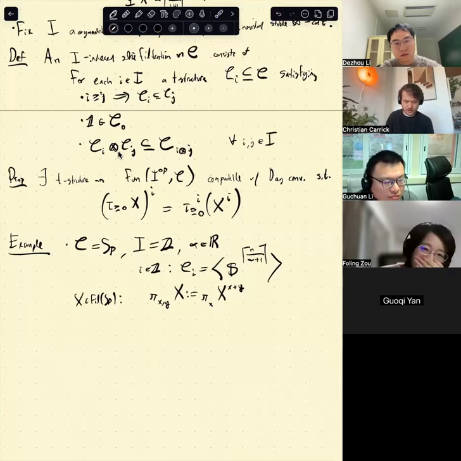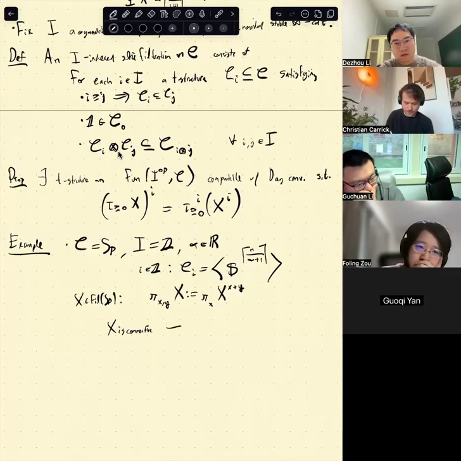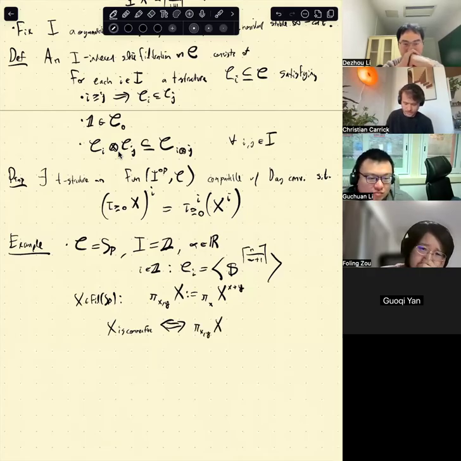And if I choose this grading, then X is connective in this T structure if and only if pi x, y of X vanishes for all y greater than alpha x. Okay, so there's a bit of unraveling to do here.